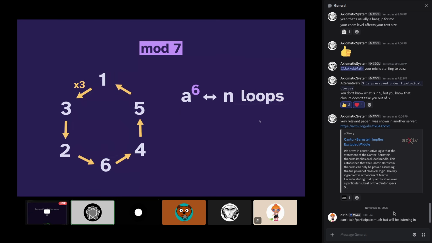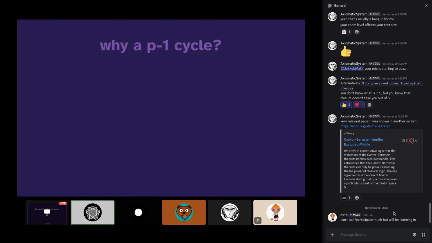So this is n loops, and n loops takes it back to where you started. It's just 1. So anything to the 6th power is 1 mod 7 as a consequence of this cycle. And we'll get a similar cycle for any prime. But why do we have this p minus 1 cycle?